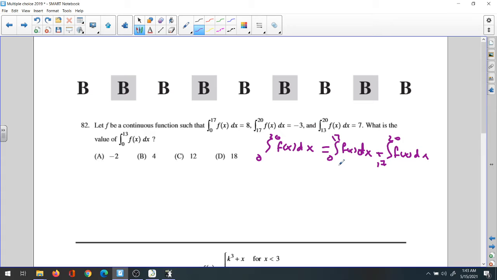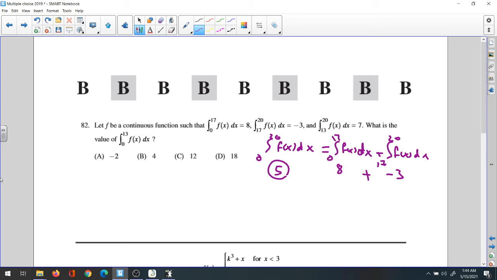We know the value here is 8 and the value here is -3. Combined it will be 5. So this is 5. And actually we need it from 0 to 20, because from 0 to 20 we could divide it into from 0 to 13 and then from 13 to 20.